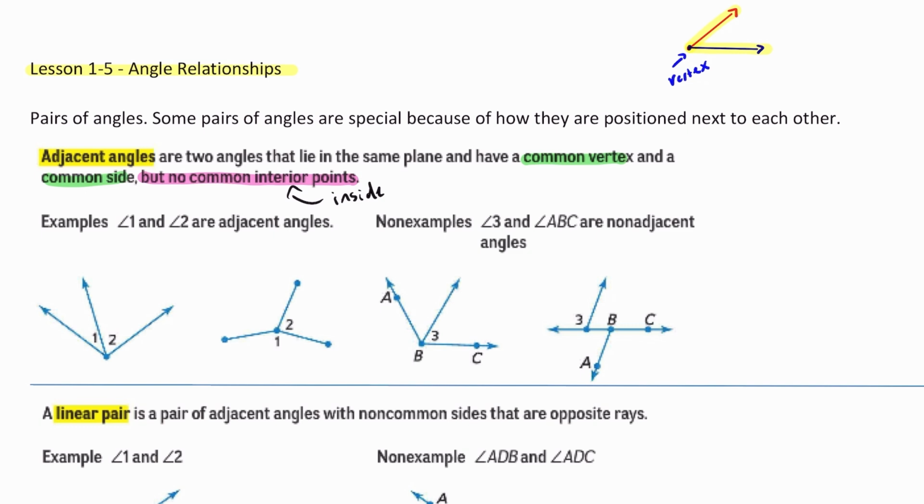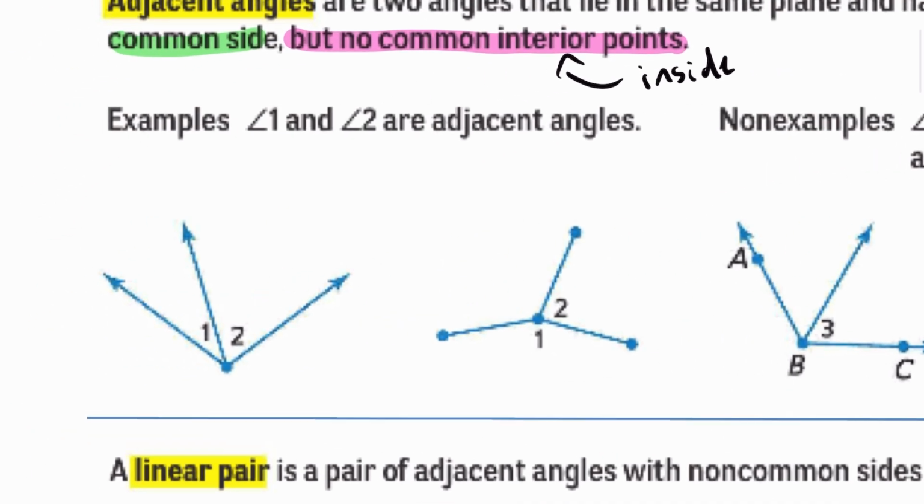Now that we know how an angle is formed, let's take a look at some examples of adjacent angles. Remember, adjacent angles are two angles that lie in the same plane and have a common vertex and a common side, but no common interior points. So, angle 1 and angle 2 are adjacent angles.